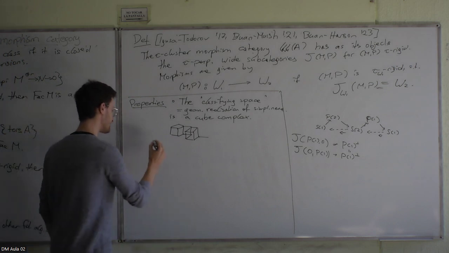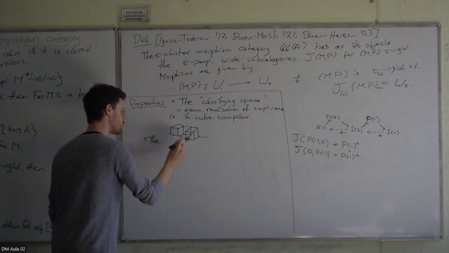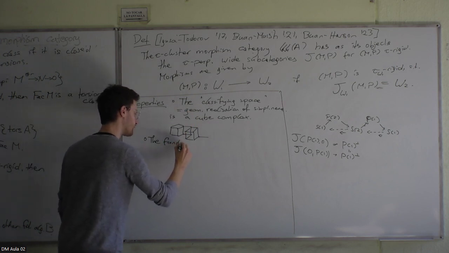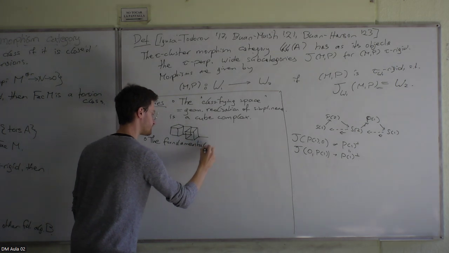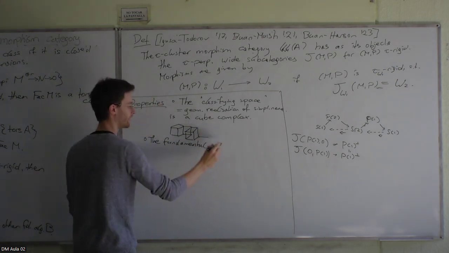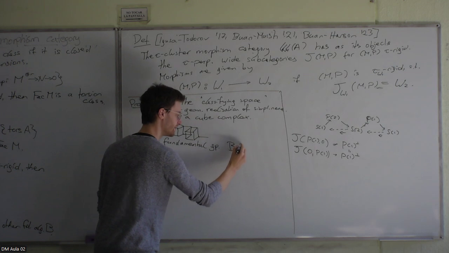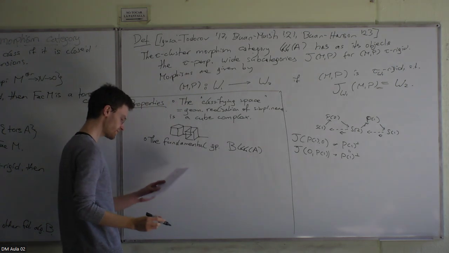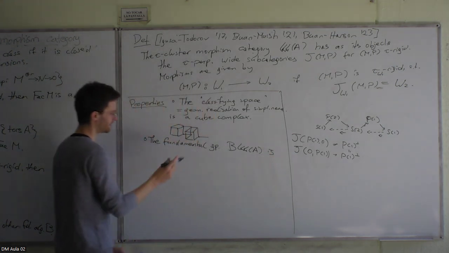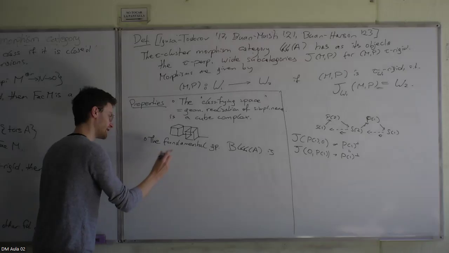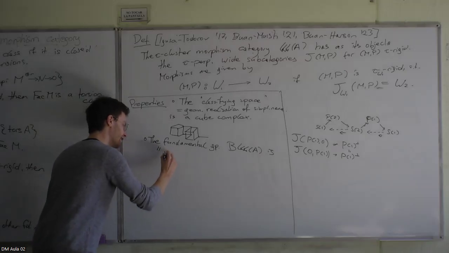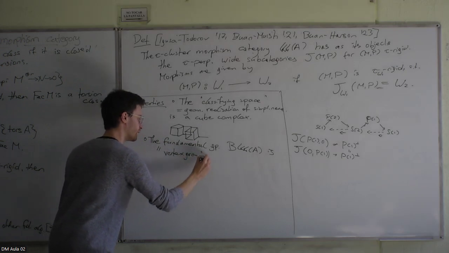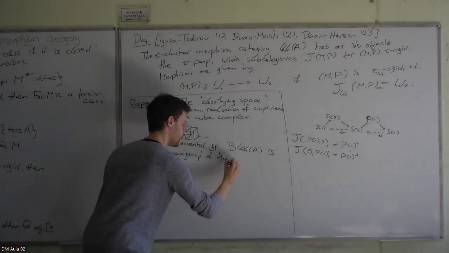Moreover, this will be some CW complex, and the fundamental group of this classifying space, which I write as B of this category, is, as quickly as I can say, a vertex group of the groupoid.